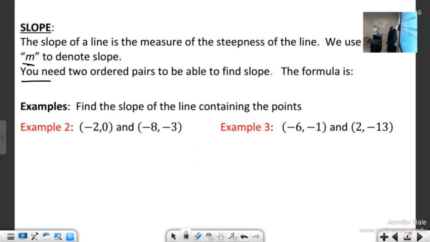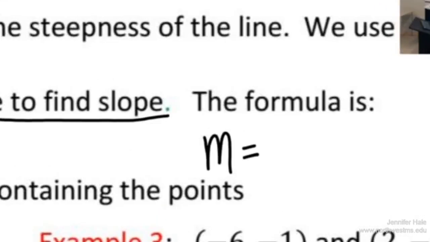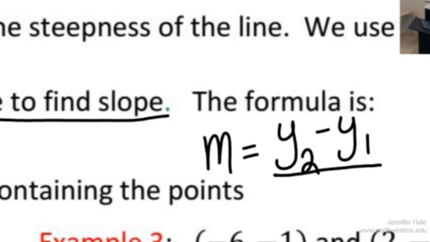I want you to underline this sentence. You need 2 ordered pairs to be able to find slope, okay? So anytime I ask you to find slope, you got to have 2 ordered pairs, and then fill in the formula. The formula is M equals y2 minus y1 over x2 minus x1.